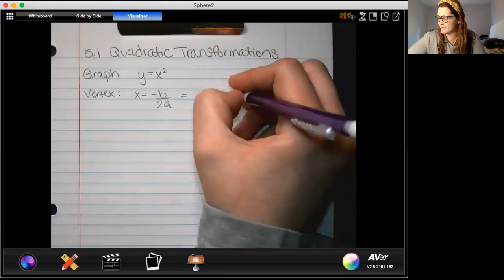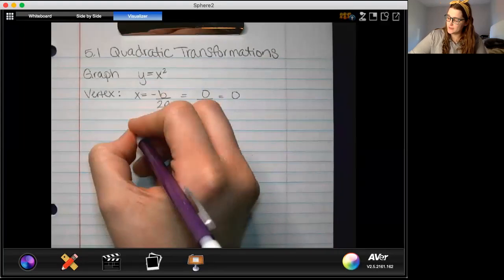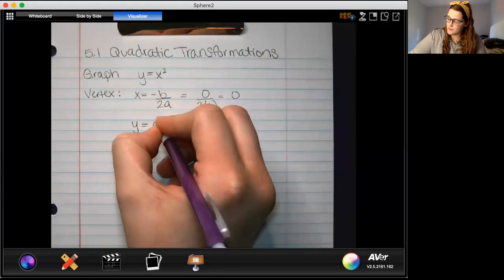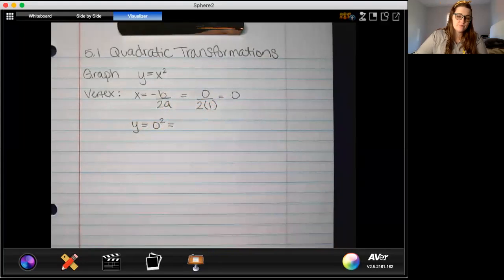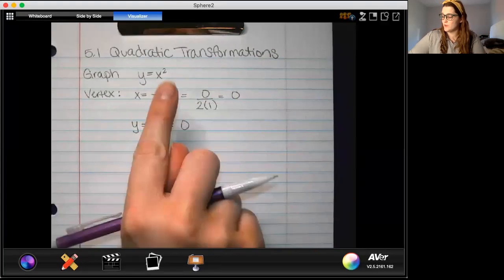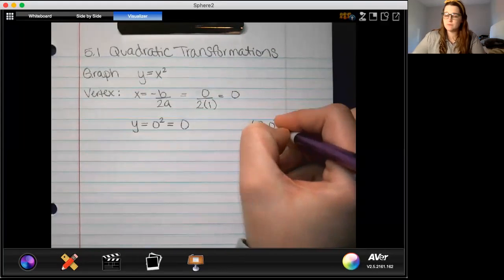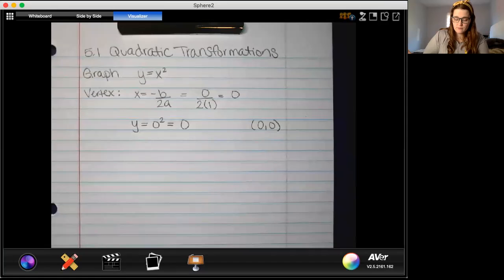Yes. Okay. Now, if I put 0 into my equation, I will also get a value of 0. So therefore, my vertex for this most basic function would be 0, 0, aka the origin.